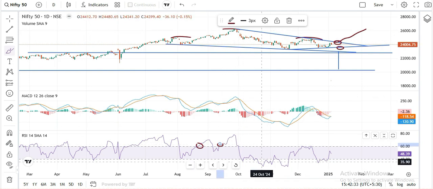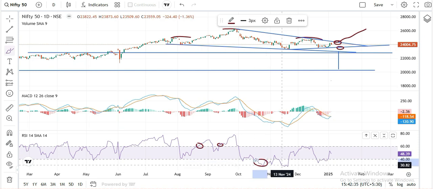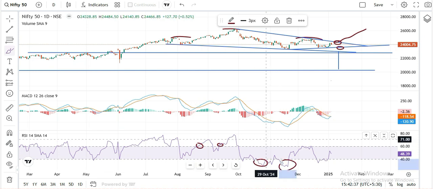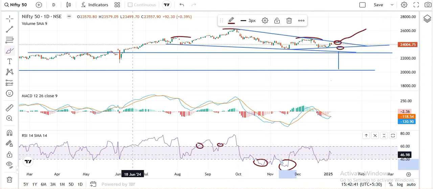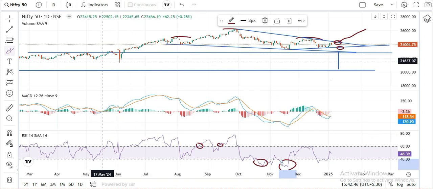As long as this RSI is between 40 and 60, you won't expect any much move in the market. It will be in the sideways. Even during the intraday, if there is any spike on the either side, at the end of the day, you can see that Nifty closed in the flat mode.